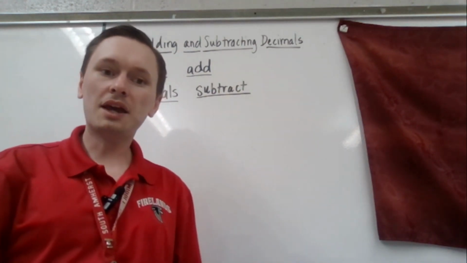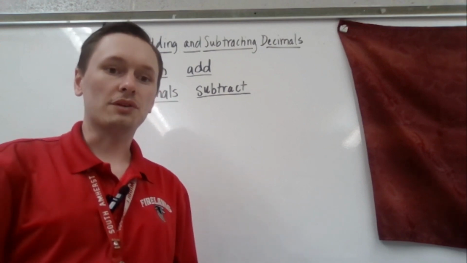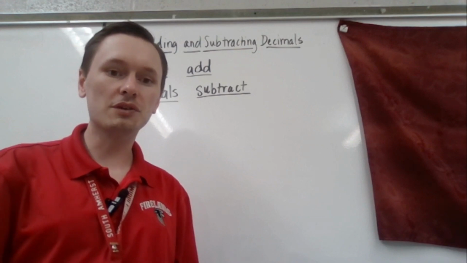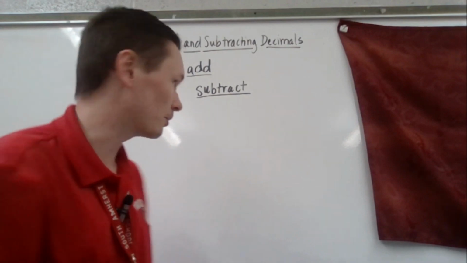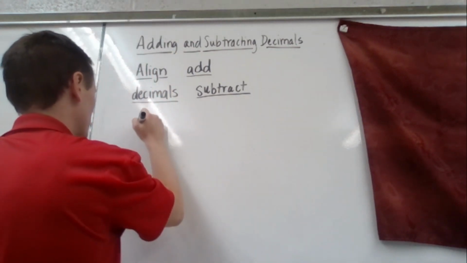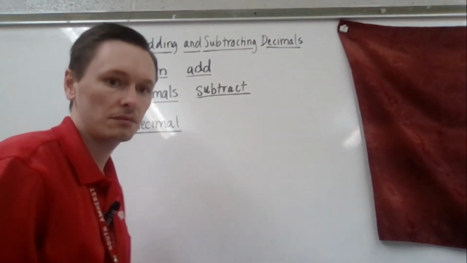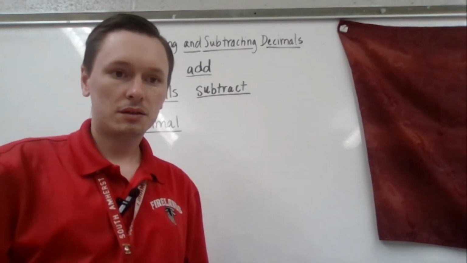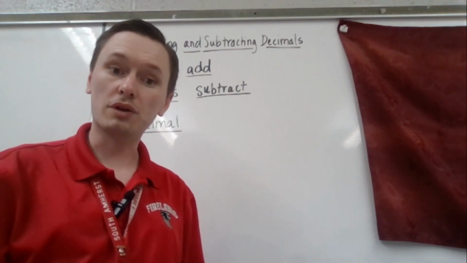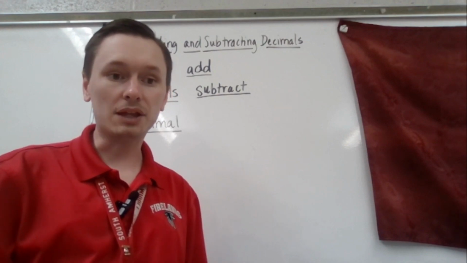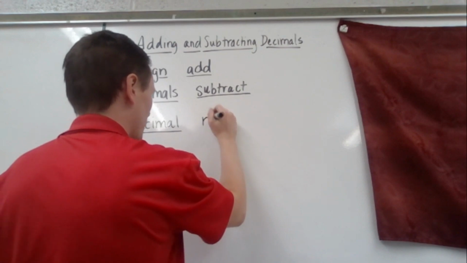Okay. Then there's another term that we need to use, which is placeholders. Placeholders are zeros that can be added to the beginning of the number, to the left of the decimal, or to the right of the number, to the right of the decimal, to make lining up numbers easier.